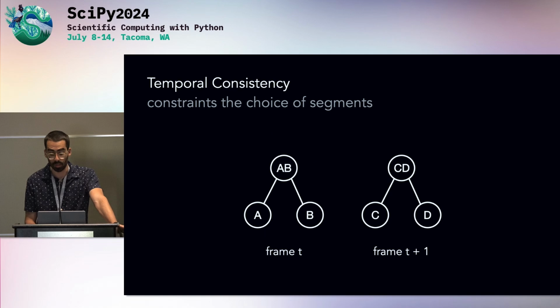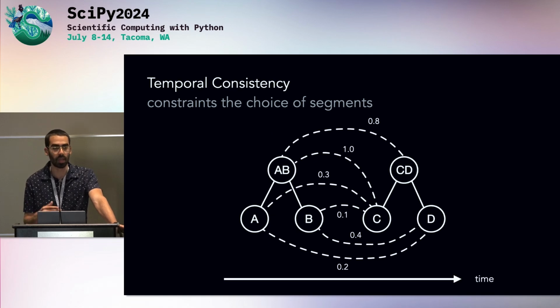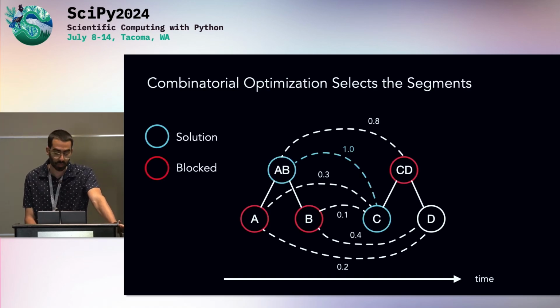We estimate a score between the segments, and then we formulate this as an optimization problem with some constraints. So we are trying to pick the solutions that maximize the association between the segments. That means the segments are the most consistent over time, while we have the constraint that a pixel can only belong to a single segment.